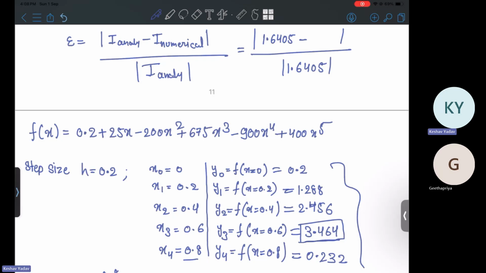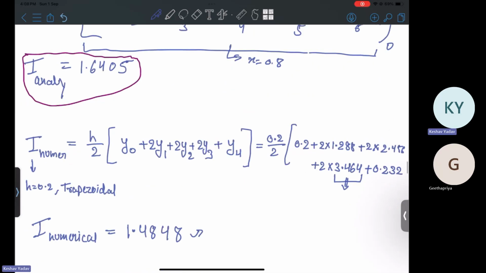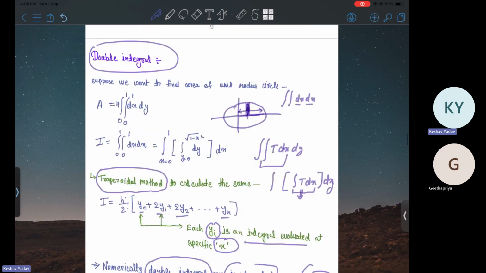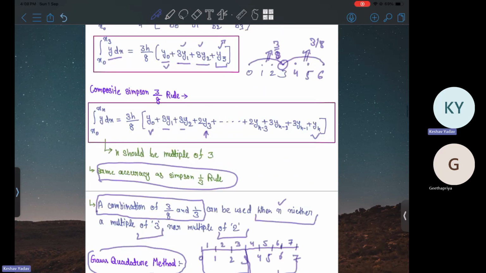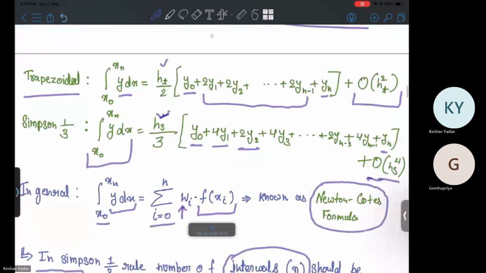Yeah, it is correct now. Okay, so this formula is correct. So the formula for the trapezoidal rule, is it correct? Let me check again. Yeah, this is correct again.